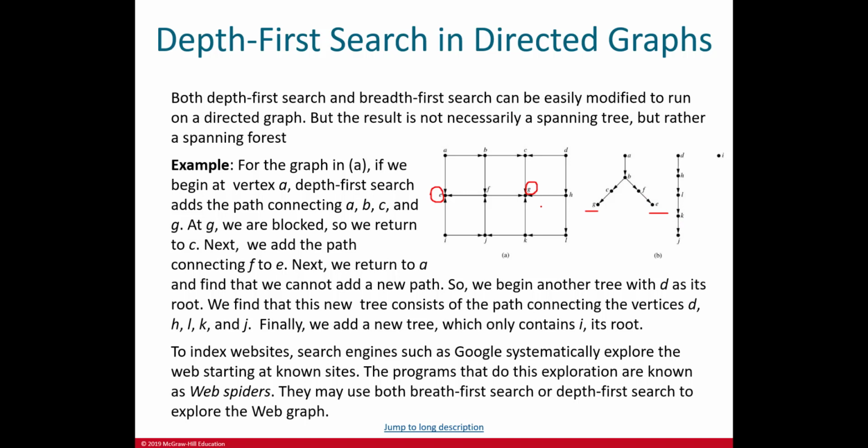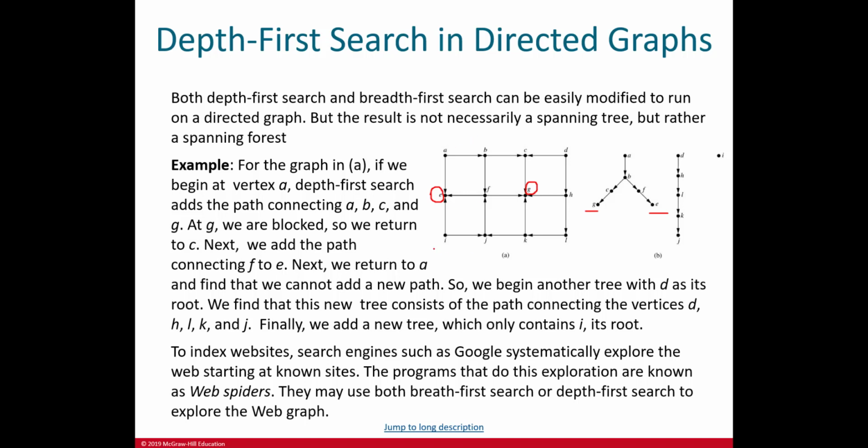When we cannot find any new path, we return to A, and then we begin a new tree from a new vertex which is not already in our covered tree, and we generate a new tree in this way. So maybe we will get something like this. In this case the tree is not connected, but this is what we could get.